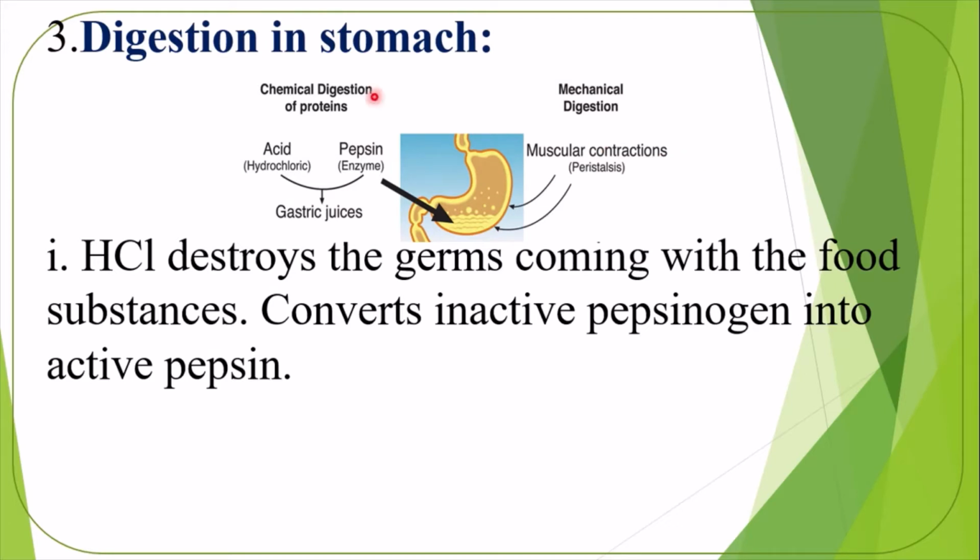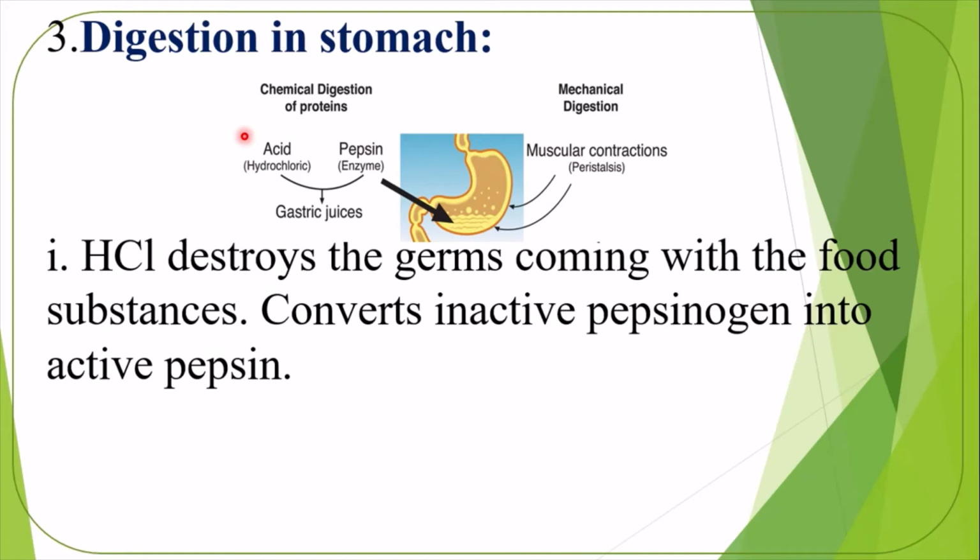On the other hand, chemical digestion of protein. Gastric juice is secreted into our stomach. This gastric juice carries two types of elements mainly. Number one, acid, which is hydrochloric acid. On the other hand, pepsinogen.